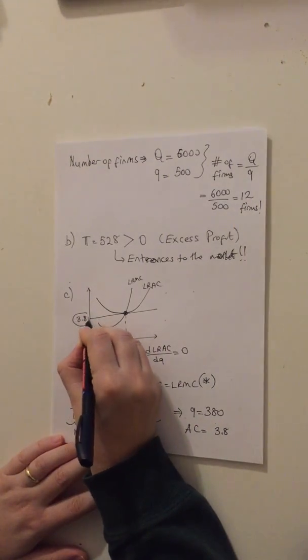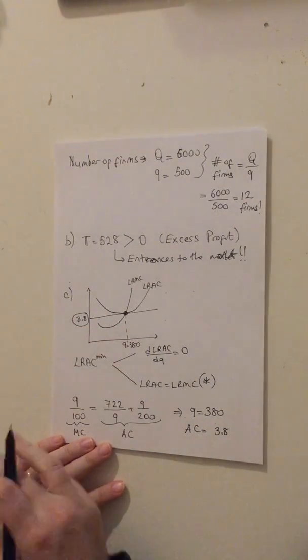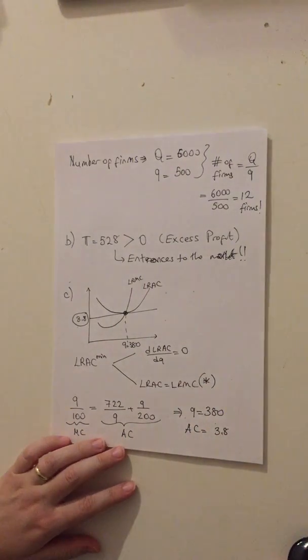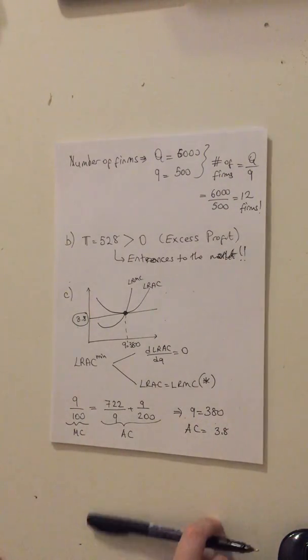So the minimum price the firms accept to work with is 3.8 for this question. Okay, that's all for this question.